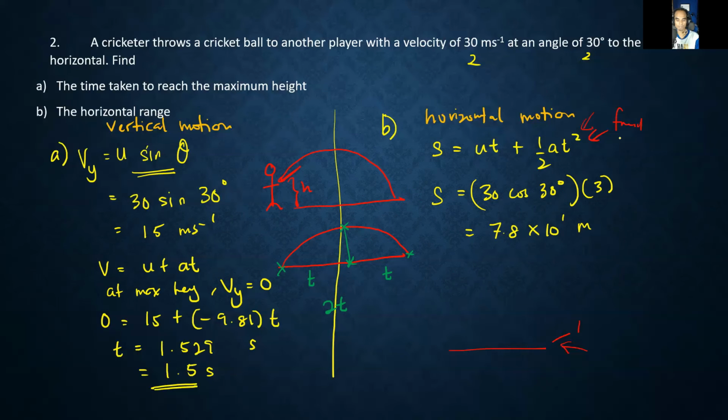This one can use quadratic, as in y equal to 0. Then we get two values of t. The first t is at 0, and the last t is at the end there. We use y equals ut plus 1/2 at squared, which is quadratic in t, and then y equals 0, then t has two values. But this is for vertical motion.